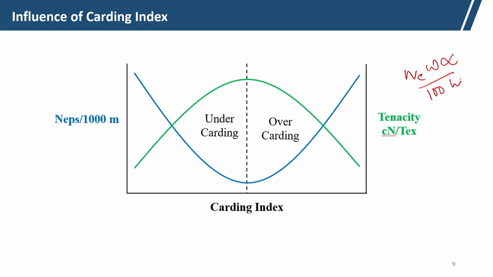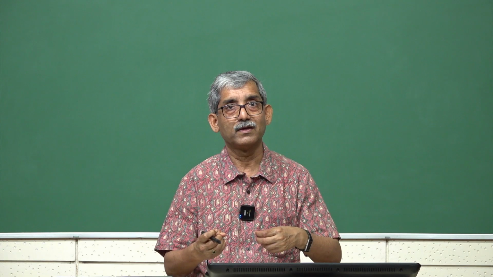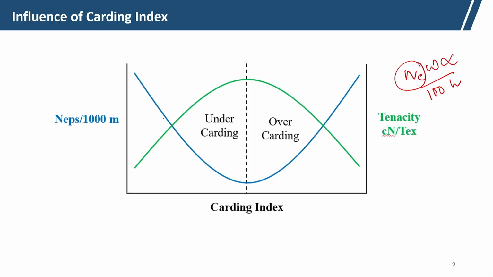Now, you can see this is the cylinder speed. If we increase the cylinder speed, the fiber will initially be opened properly, the neps will reduce and the tenacity of the yarn will increase.